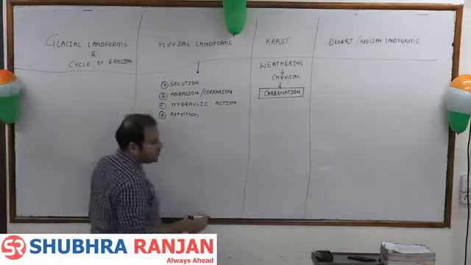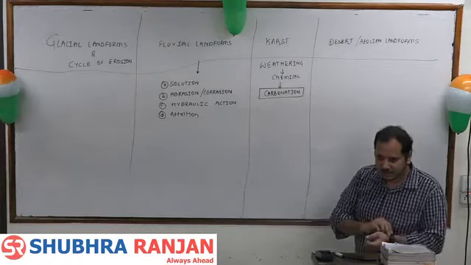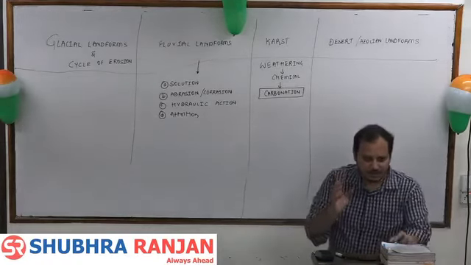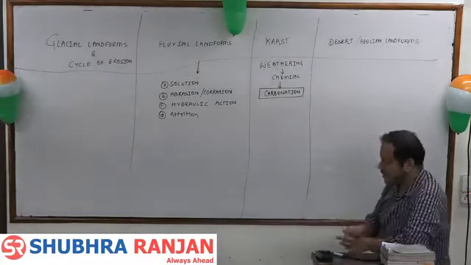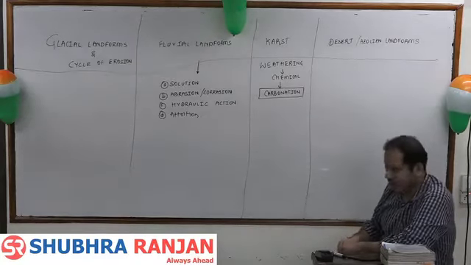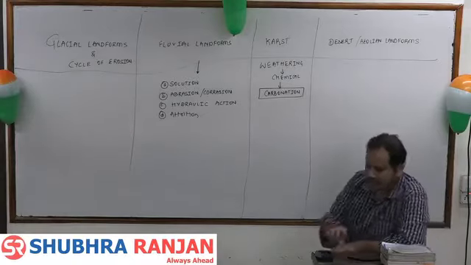You know what is solution? Dissolve in water. You know what is abrasion? When the rocks will either erode the sides or the banks. You know what is hydraulic action? When the rocks are carried away. And you know what is attrition? When the rocks rub against themselves and they become very, very small. That is what is known as attrition.